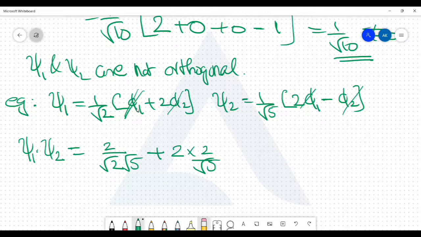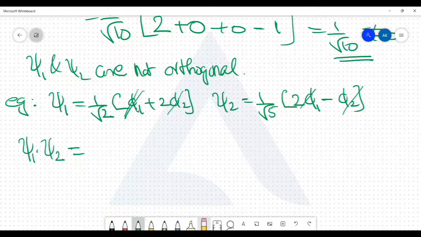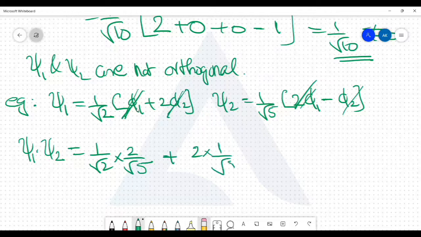Am I correct? No, I'm sorry. Phi 2 with the phi 2, this is simply minus 1 by root 5, right? Let me write it again. This with this. So 1 by root 2 into 2 by root 5, right? Plus here 2 into 1 by root 5.